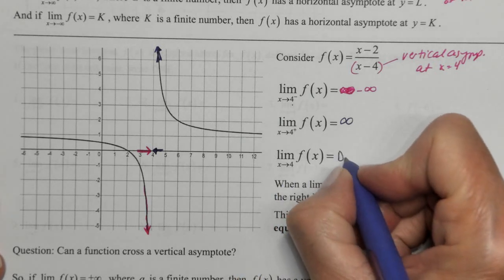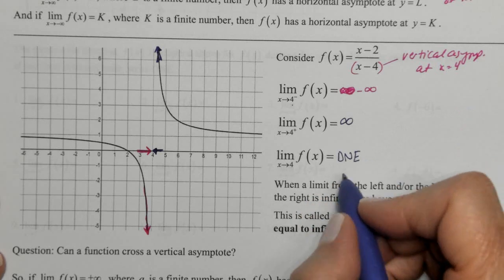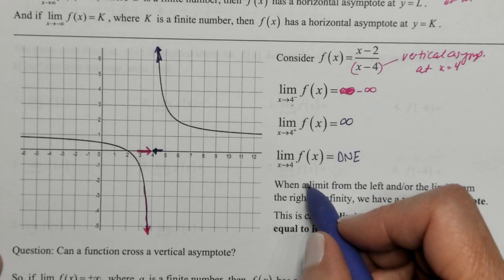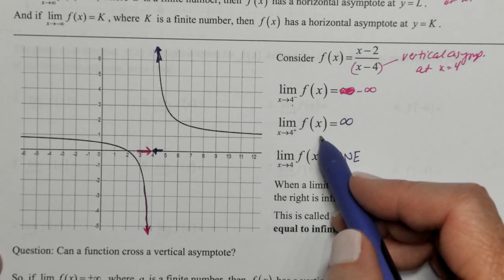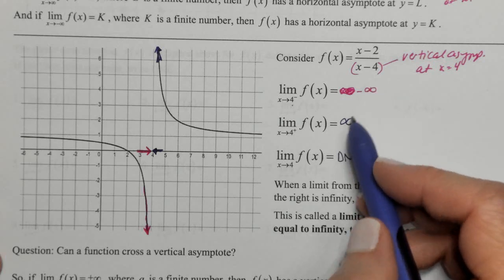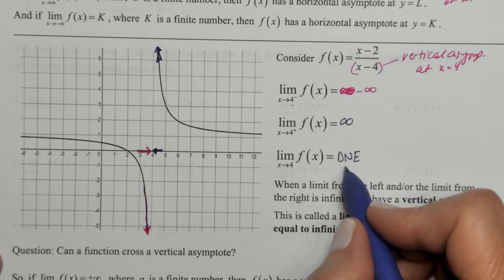Does not exist. And I will say that it does not exist not because these are different infinities, but because they are infinity of any kind. Even if they were both infinity, this limit would not exist.